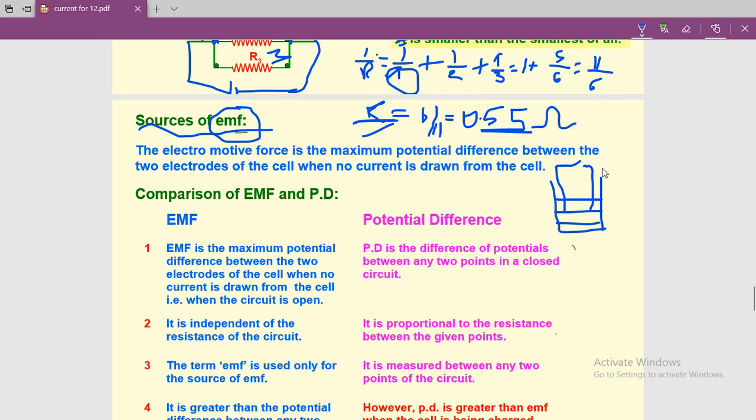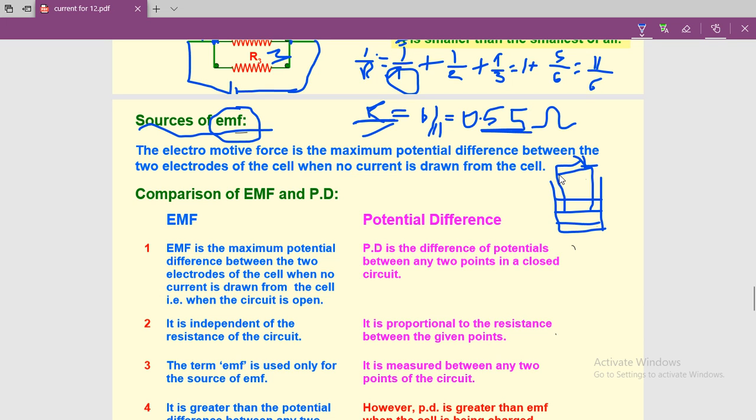I hope you are getting my point. Now if this circuit is closed, a current starts flowing in this circuit, and now the potential difference across the two terminals is just known as potential difference, or you can say terminal potential difference, but it cannot be EMF, because EMF is the maximum value.